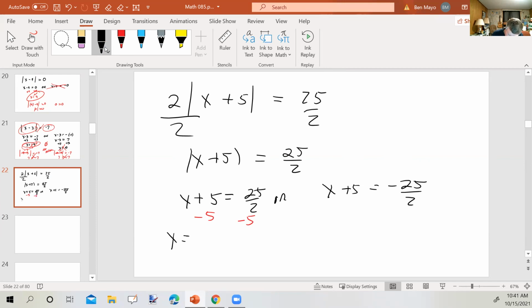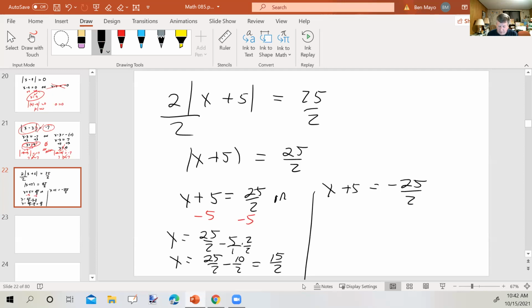Going from there, we'll subtract 5 from both sides. So we get x equals 25 halves minus 5, which is 25 halves minus 10 halves, taking minus 5 over 1 and multiplying it by 2 over 2 to get a common denominator. So then we get 25 halves minus 10 halves, which is 15 halves. Okay. Second example, x plus 5 equals negative 25 halves. Subtract 5 from both sides.